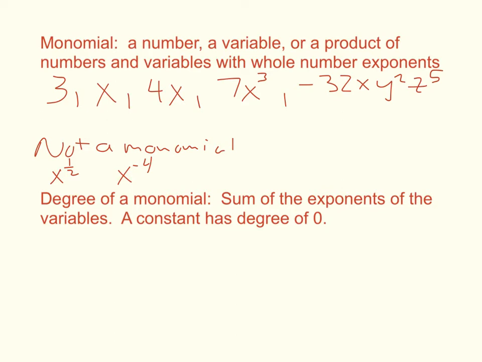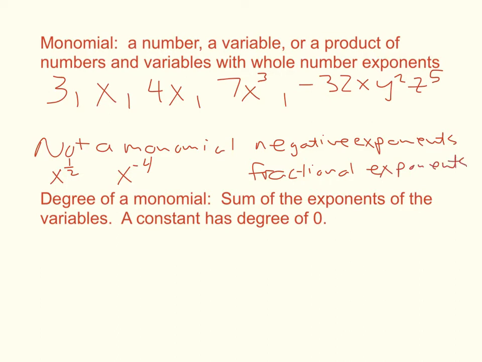So negative exponents indicate not a monomial. Fractional exponents also. If we see those, it is not going to be a monomial.